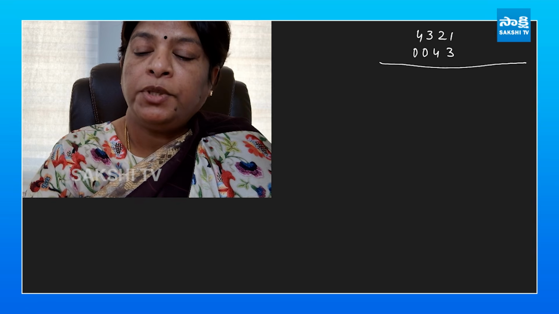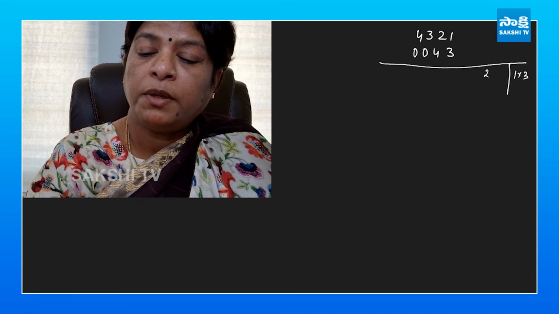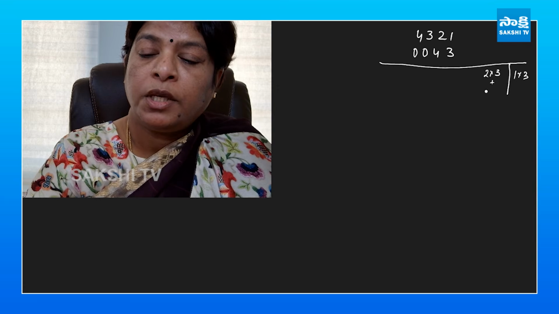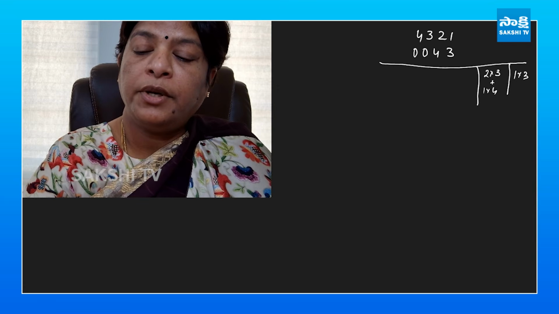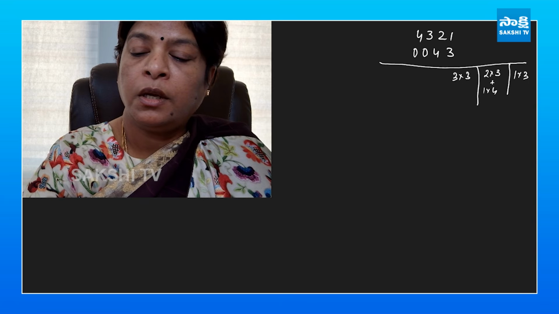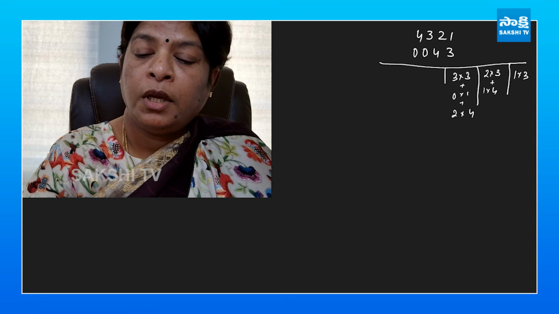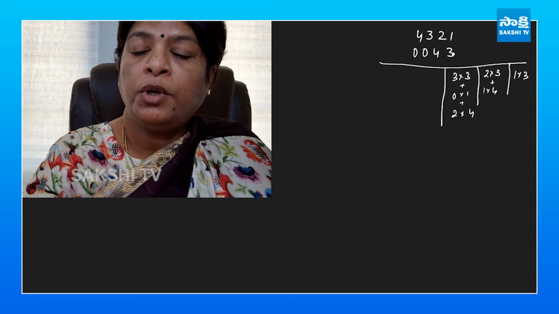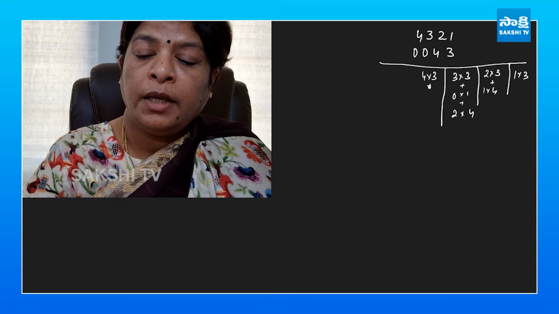So 1 times 3, which is the vertical multiplication, followed by the cross multiplication, 2 times 3 plus 1 times 4, followed by the hundreds with the ones, again the ones with the hundreds, and the tens with the tens. Now here the thousands we are going to multiply with the ones place, which is 4 times 3. Again the thousands with the ones place, 0 plus 0 times 1 is 0.